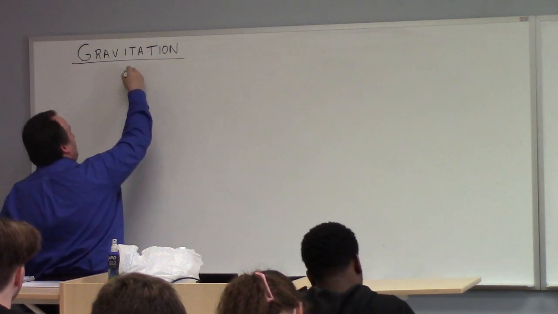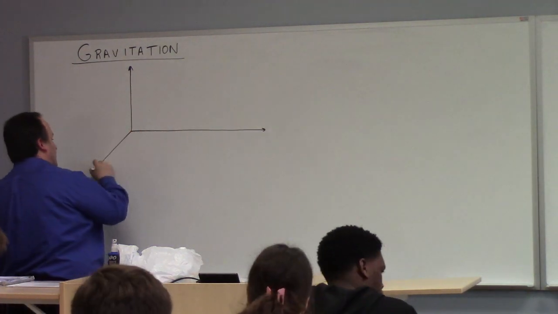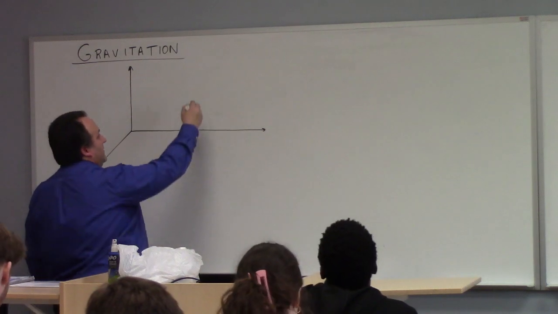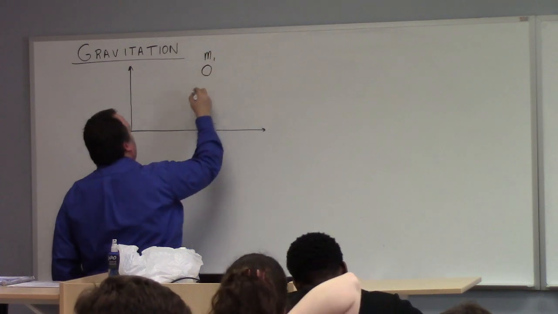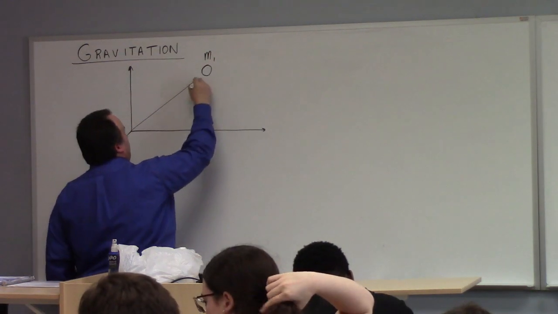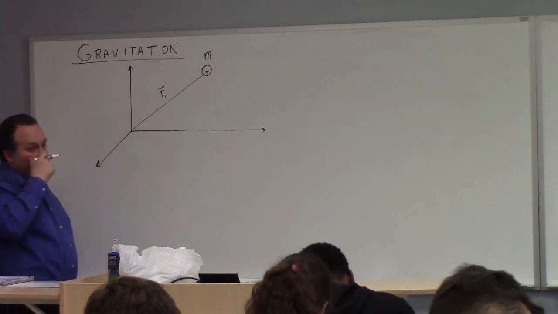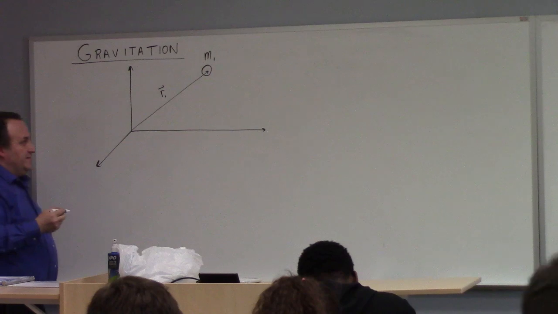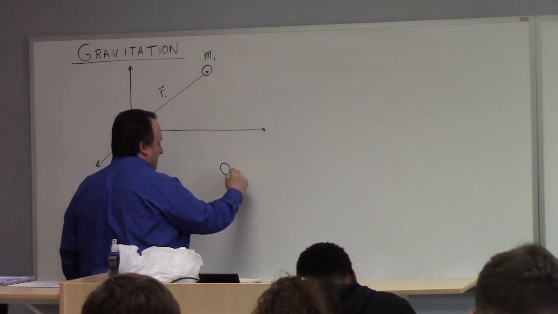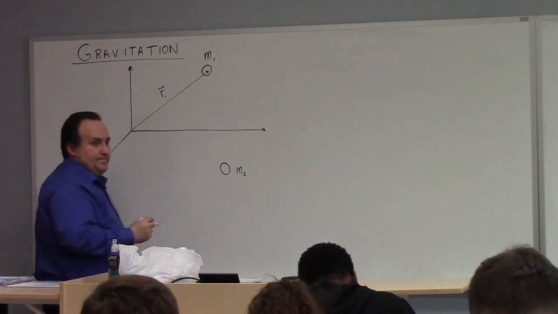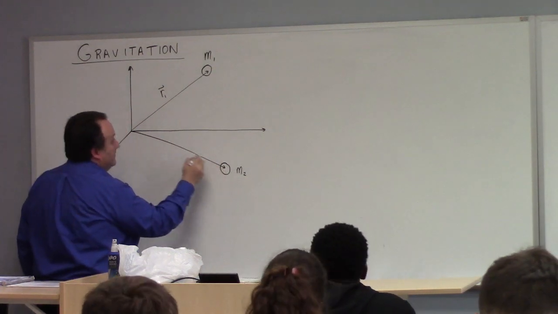If we have some coordinate system, here's my coordinate system, and suppose I have mass m1 up here at position vector r1, and then I've got mass 2, I'll put it down here, like that, at position vector r2.